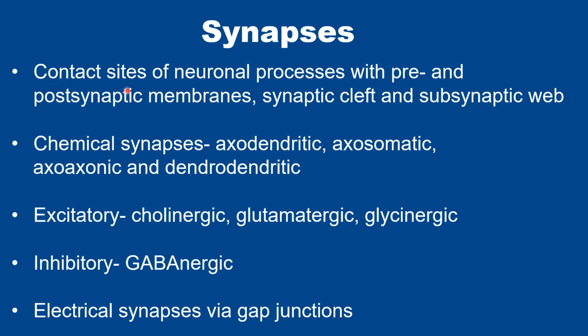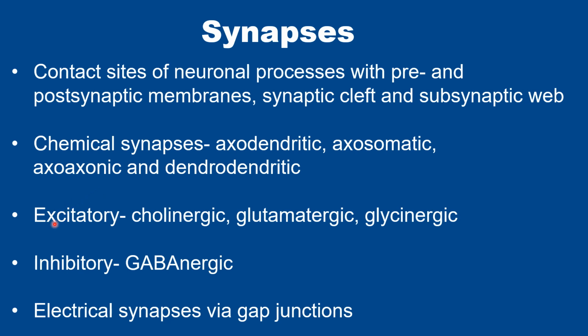Synapses are contact sites of neuronal processes with pre and postsynaptic membranes, synaptic clefts and subsynaptic web. There are chemical synapses which are morphologically axodendritic, axosomatic, axoaxonic, and dendrodendritic.